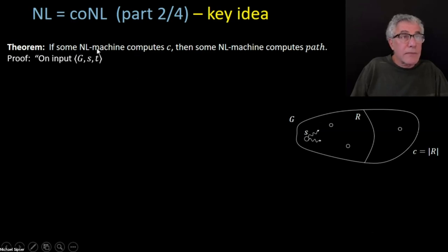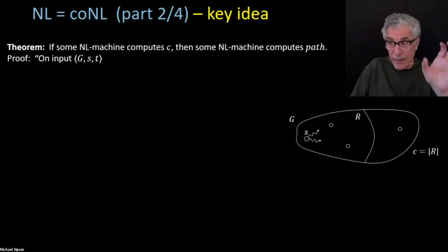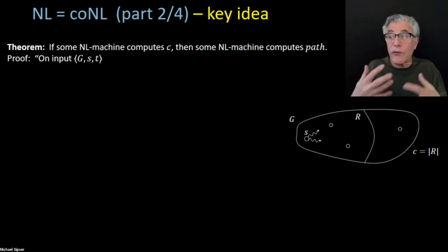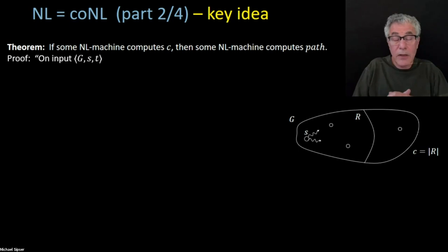So suppose some machine can compute C, the count, the number of nodes reachable from S. I'm going to use that to solve path, the path function: I'll put yes if there is a path, or no if there is no path, for each node T. So if I know how many nodes are reachable, then I can solve for individual nodes, which is strange.